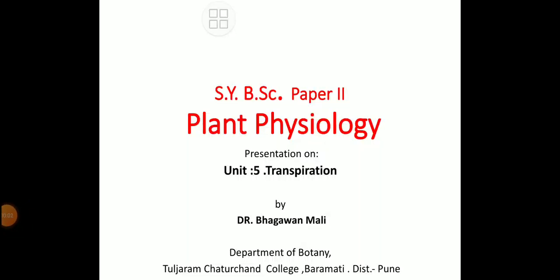Students, as you know, we have been learning a very interesting unit, an interesting phenomenon which occurs in the plant, that is transpiration. From your plant physiology paper second, a very interesting unit we have been learning for the last two lectures, that is transpiration.